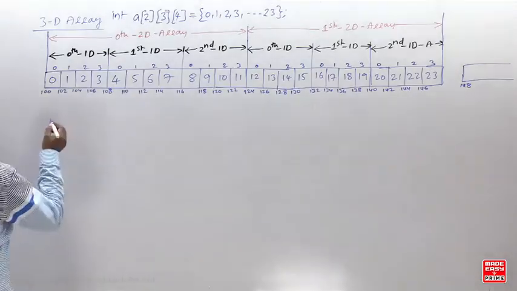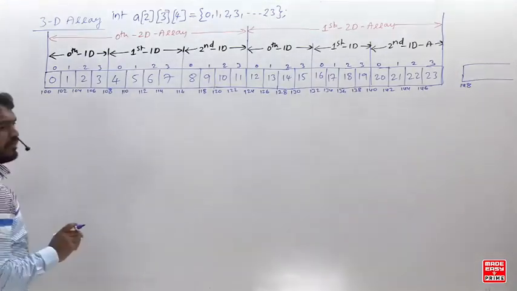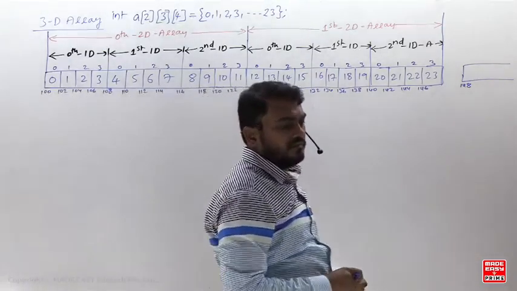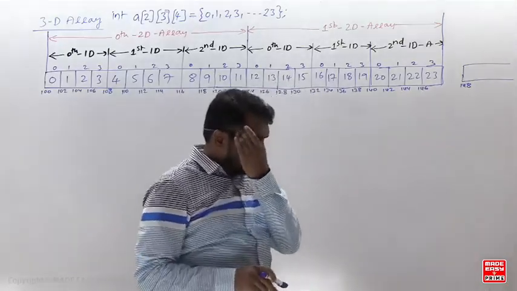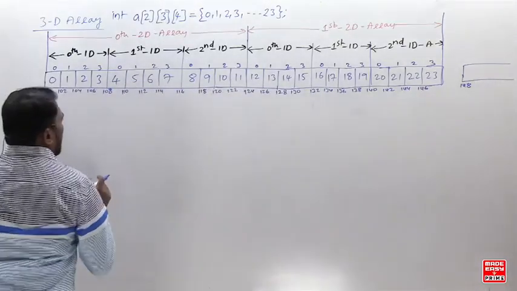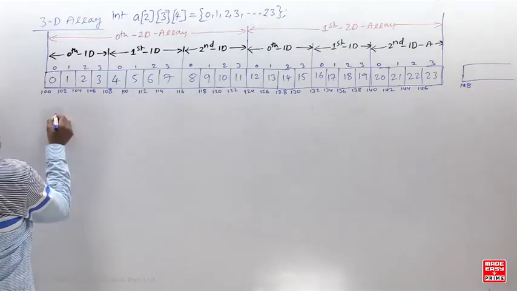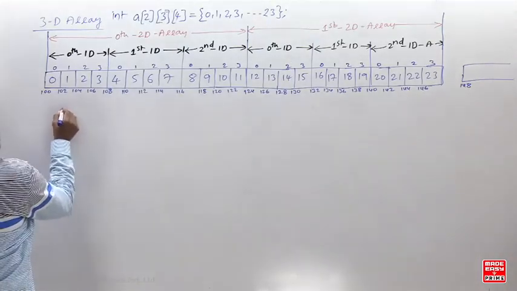Okay, somebody is slow, somebody fast. Is everyone done? Right. So now understand here. We are going to make the same thing just like yesterday.